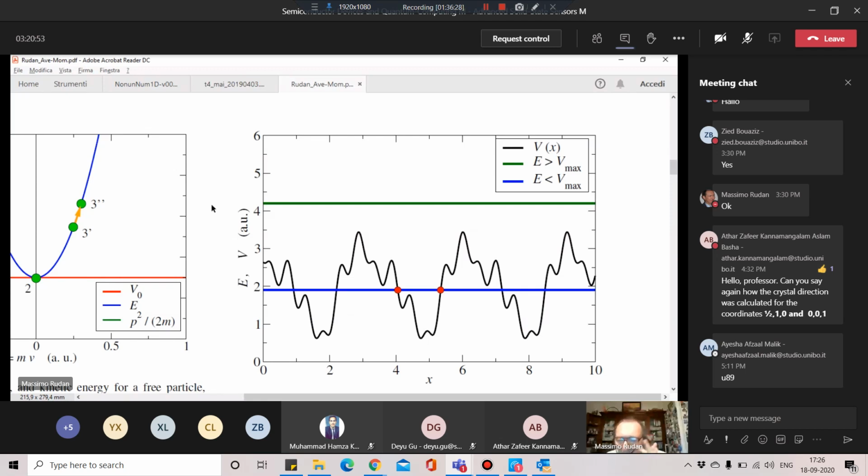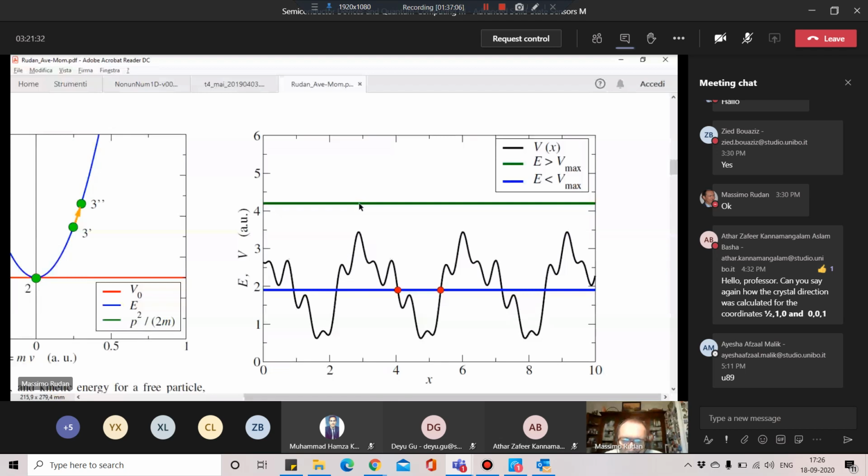What do you expect of the motion of the particle whose total energy is the green line? Well, consider the situation when the particle is in this position marked by the mouse, okay? So you see, it's on top of a maximum of the potential energy, okay? So if the potential energy is a maximum, the kinetic energy is a minimum because the total is the green line, okay? So here the particle is slow.